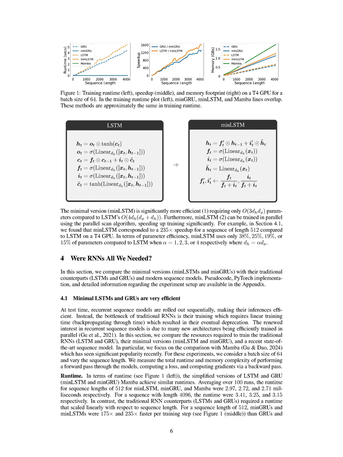In terms of empirical performance, both minLSTM and minGRU successfully solved the challenging selective copying task, achieving comparable results to Mamba S6 and outperforming other baselines like S4, H3, and Hyena.